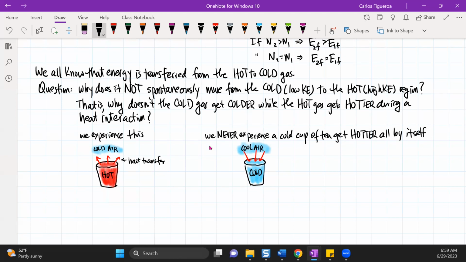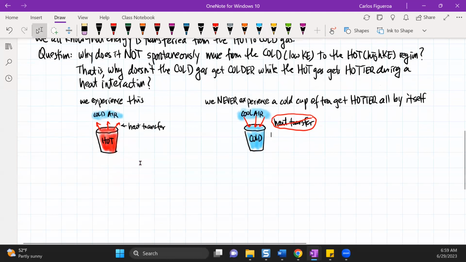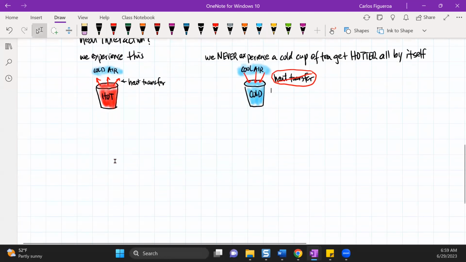When we talk about heat transfer, this never occurs. So now that I set this up, we see that this does not spontaneously happen all by itself.